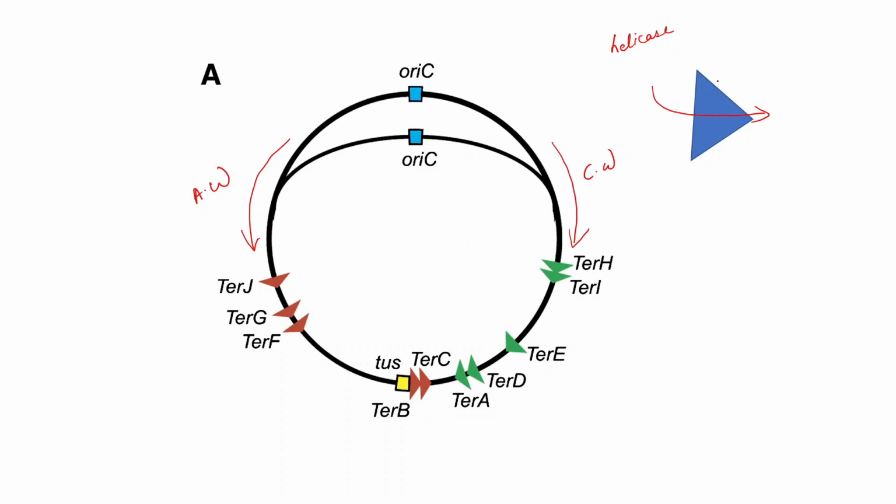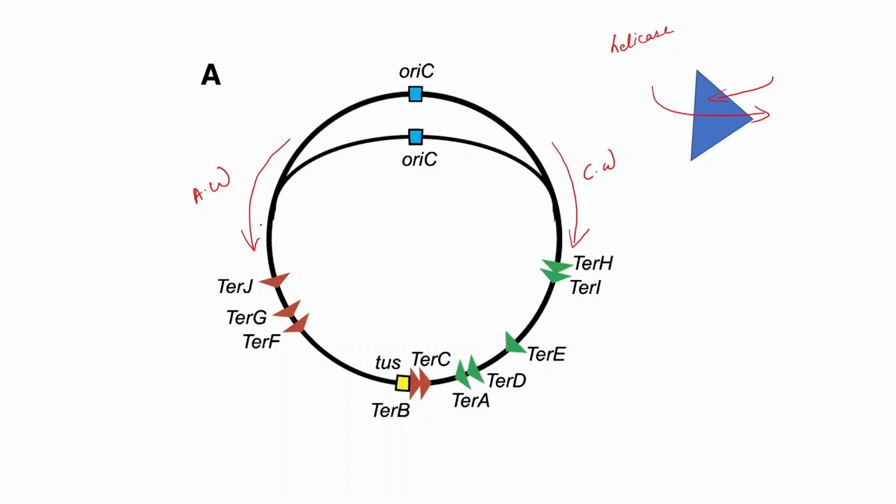Okay. And if the helicase faces this protein from this direction, on this side, then the helicase cannot proceed through this ter sequence. So that is the importance of the two faces.